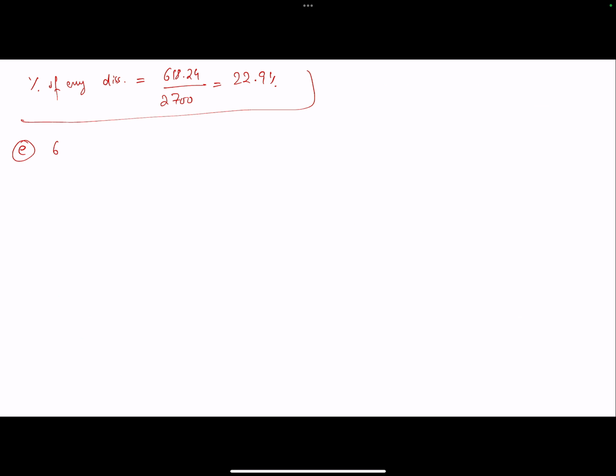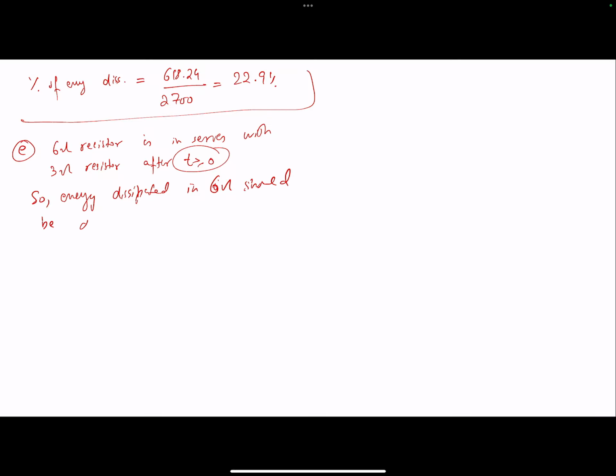So 6 ohm resistor is in series with 3 ohms resistor after t is greater or equals to 0. All the way after the second switching event too, they always remain in series. So energy dissipated in 6 ohms should be double than 3 ohms, right?